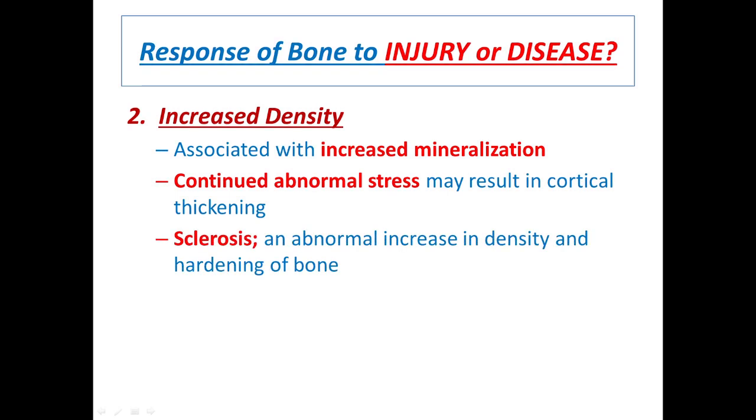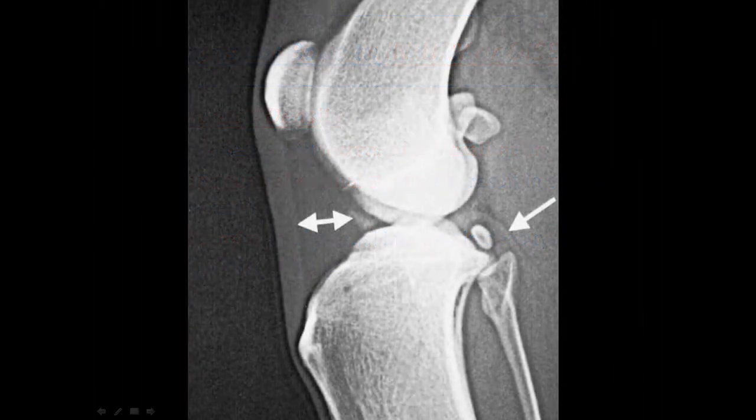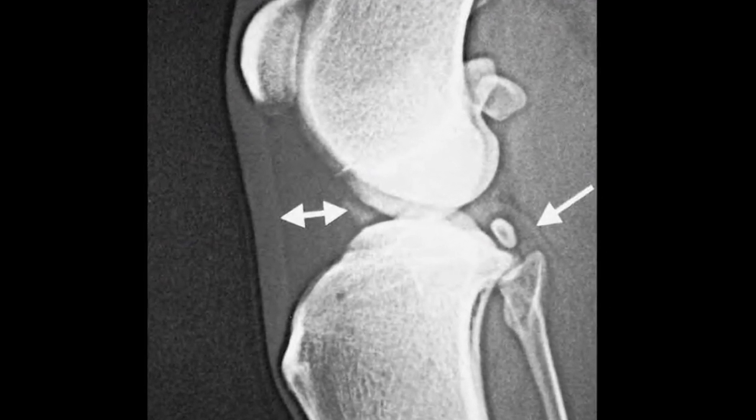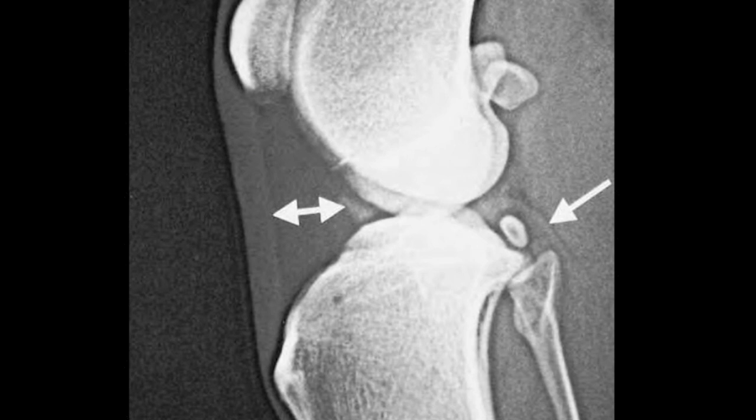If there is an increase in the bone density and hardening of the bone, you will see on the radiograph that the shadow becomes more whitish. In this radiograph, you can see the stifle joint that has become very sclerotic due to increased mineralization in response to some type of inflammation.